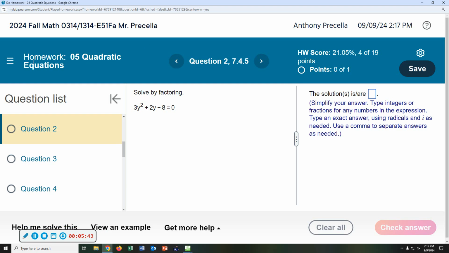This is number 2. Let me write it down. The instructions should say solve by factoring 3y squared plus 2y minus 8 is equal to 0.